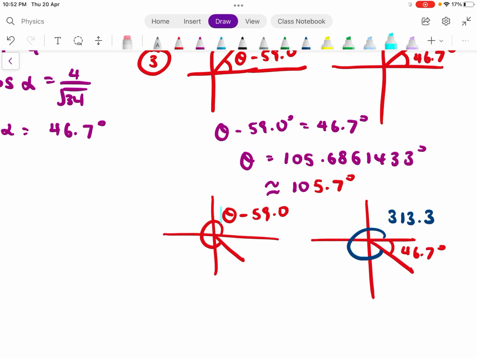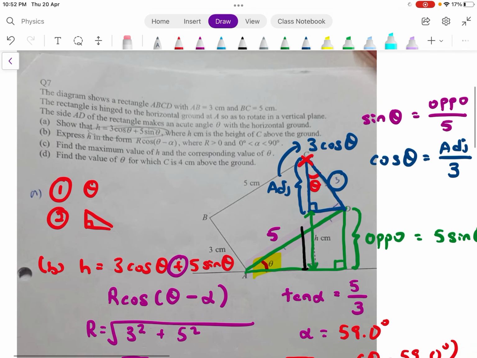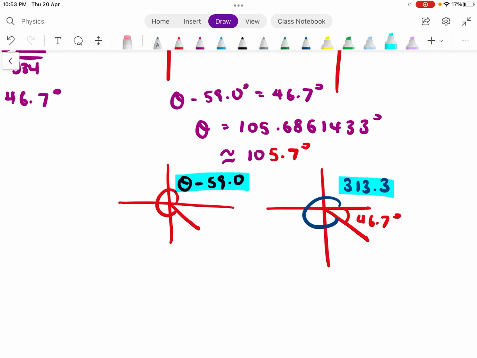So of course, when you equate this, you will get theta more than 360. So let's go back to what they want. For theta, I believe that both are acceptable, because they never restrict the theta. So you simply put 105.7 or 360, but I think 360 is not very plausible. So the best answer I would say is 105.7 degree.